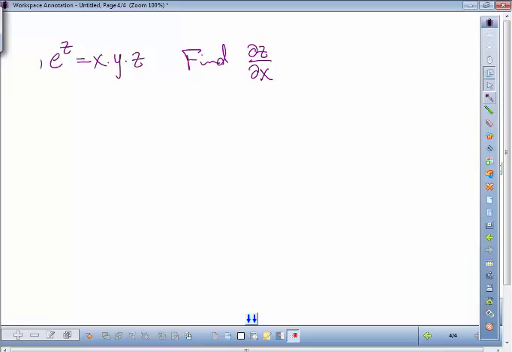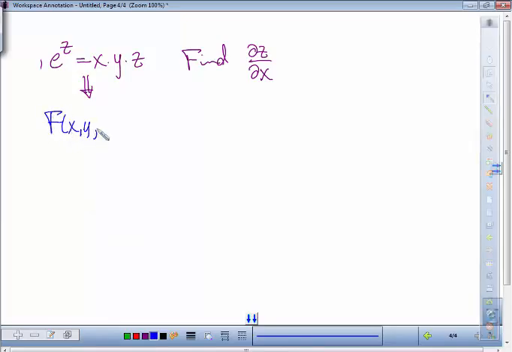All right, so that formula says that we first need to start off by writing this as a function of x and y and z that's equal to 0. So the first step is to bring everything on the other side. It doesn't matter which side we bring it in. I think it might be easier to put the e to the z over to the right side, so x, y, z minus e to the z, as long as everything's all on one side.